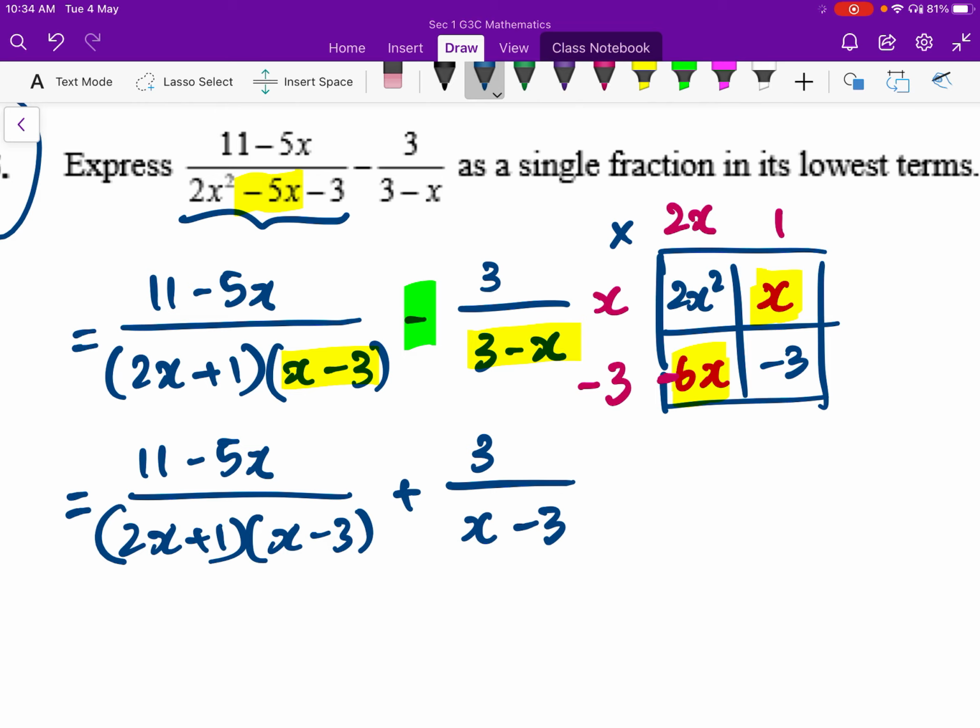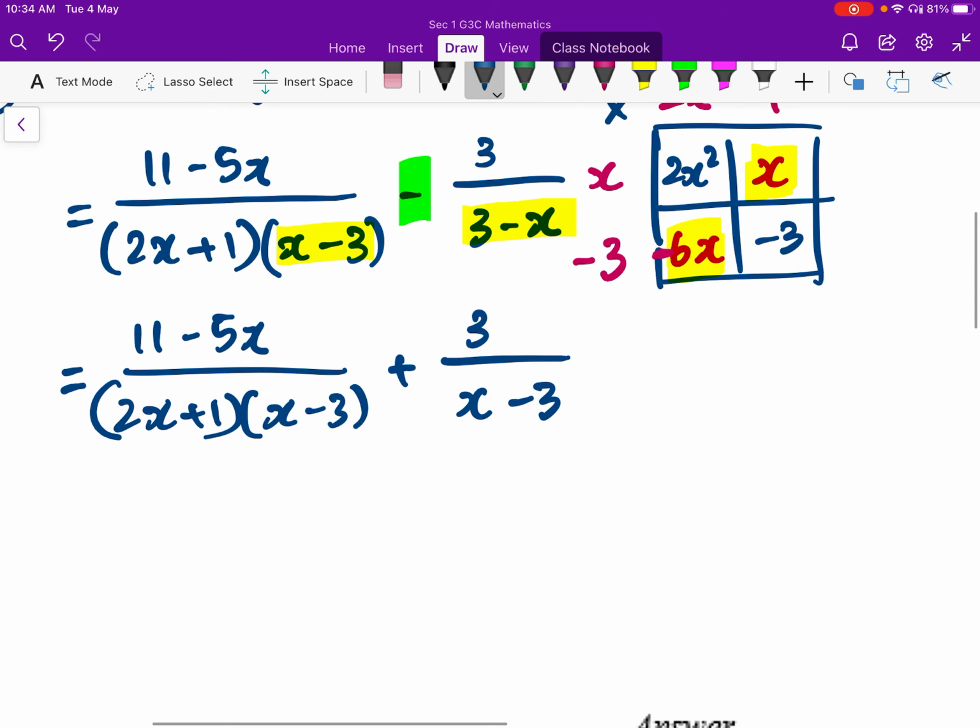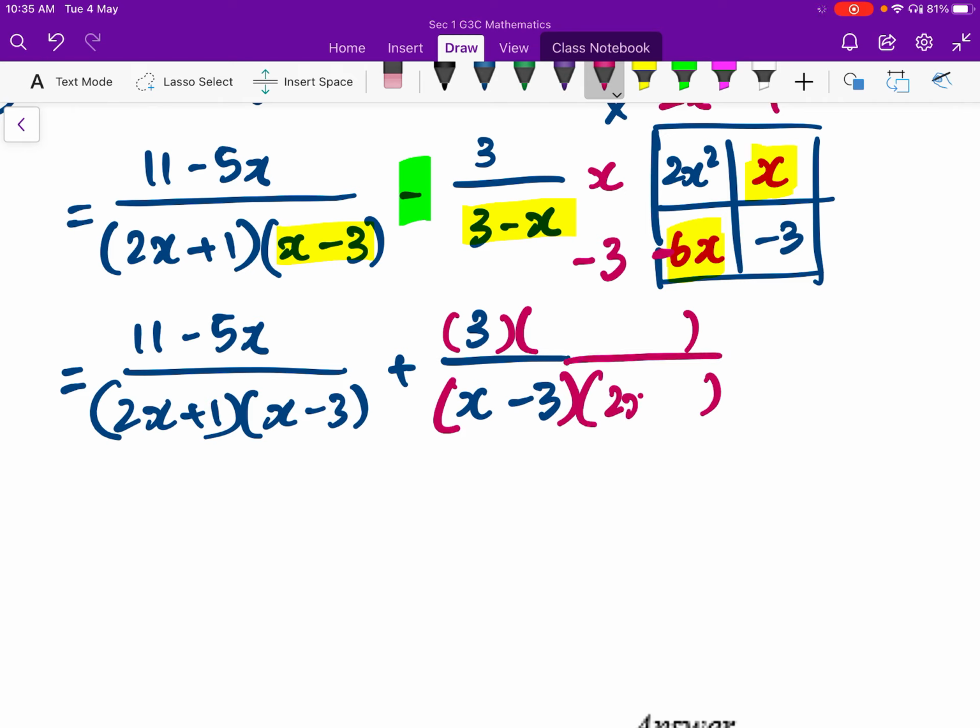Now we have the same factor in the denominators, and it makes my job easier. All I need to do is multiply the fraction on the right with 2x plus 1. Now the denominators are the same already.